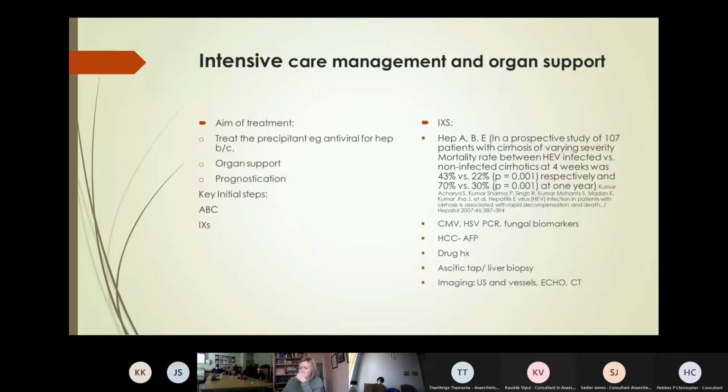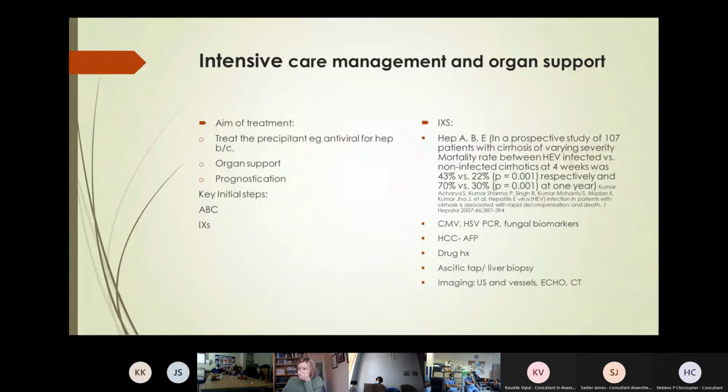You need to get the drug history of the patient, remove the iatrogenic drug because that will be a causative factor, and ascitic tap. For any patients who come in with cirrhosis, with ascites, you want to do an ascitic tap to rule out SBP.